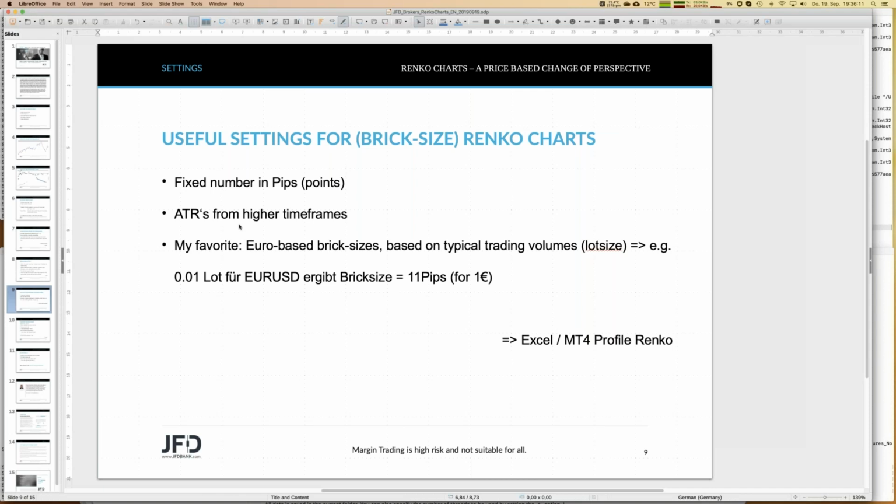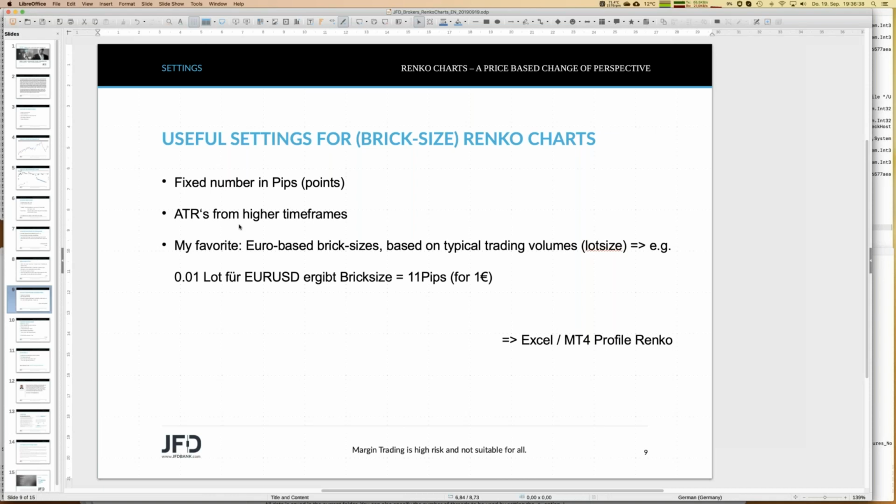The good thing, if you do that, then you imply the volatility into your Renko chart. The downside is you have to do that every day with a different brick size. But it's not a bad idea to have the overall volatility within your chart itself.